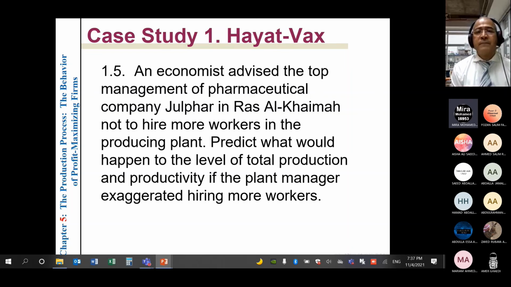The question says the manager exaggerated hiring more workers. Okay, so what's the meaning of exaggerate? This is a question to all students. What's the meaning of to exaggerate?